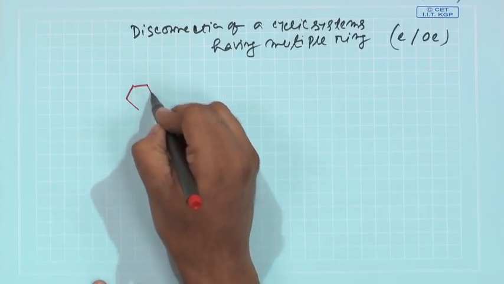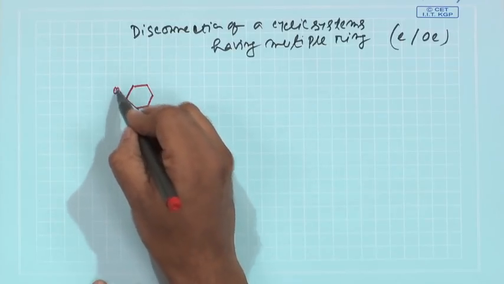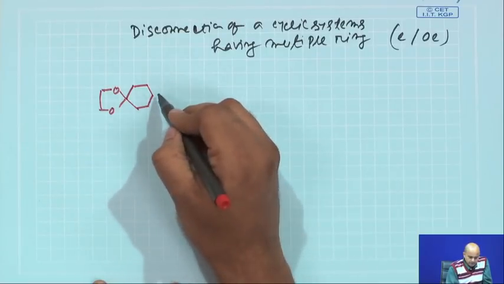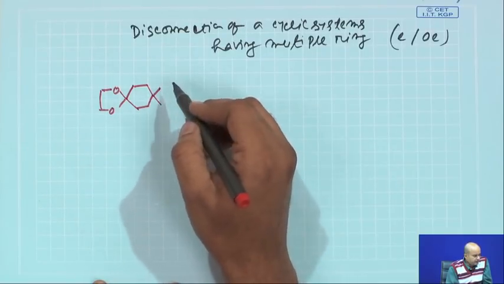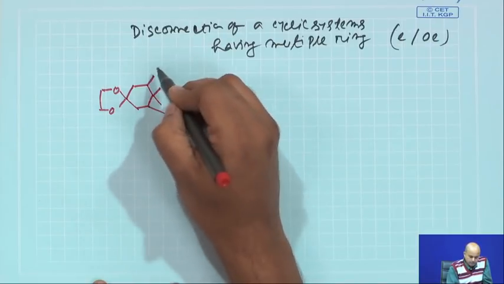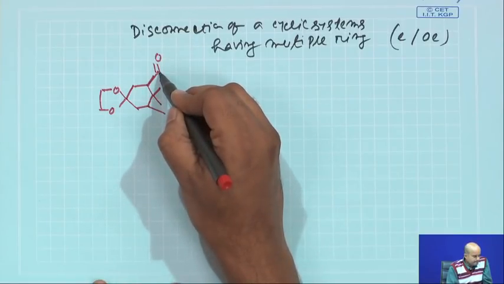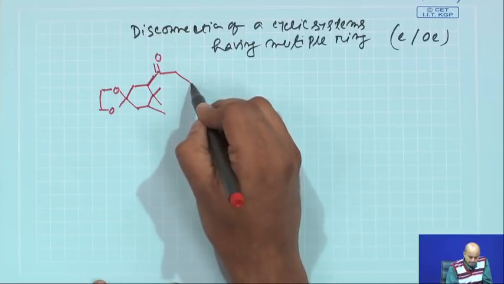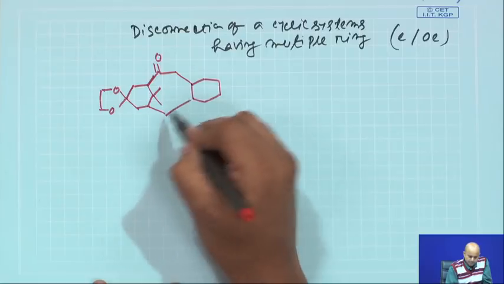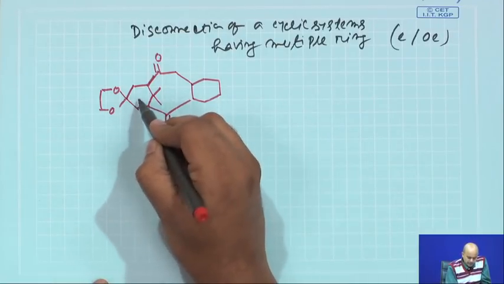is having a multiple ring structure, and if you see, the structure is having a 6-member ring at the left hand side, then the 6-member is... so there are basically 3 rings, I mean 3 main rings.